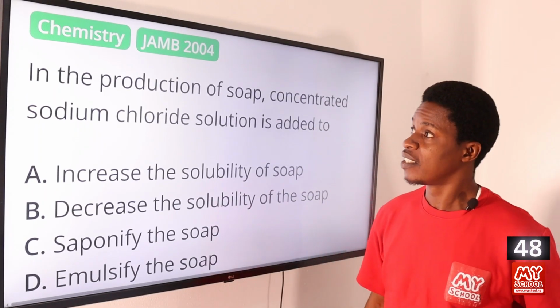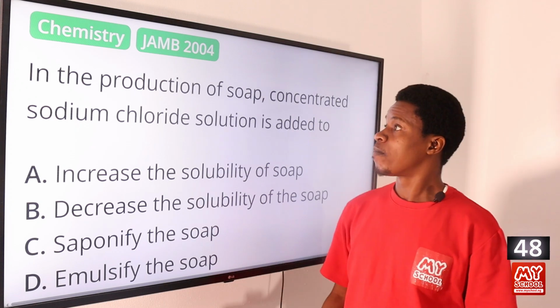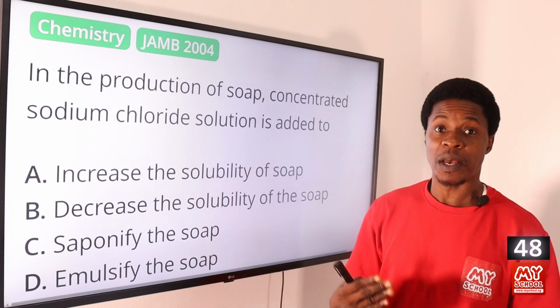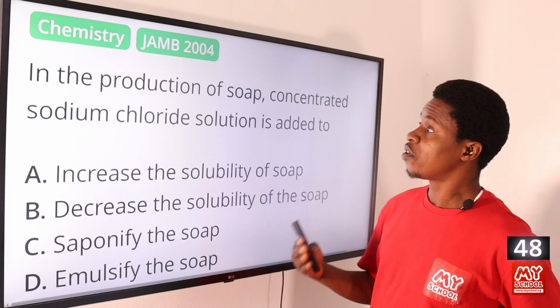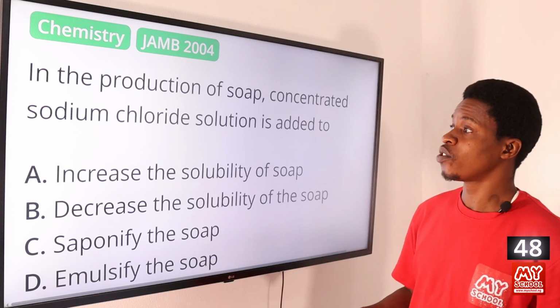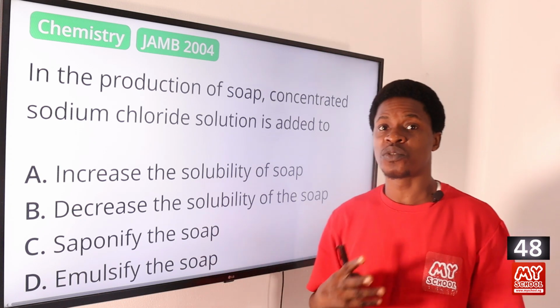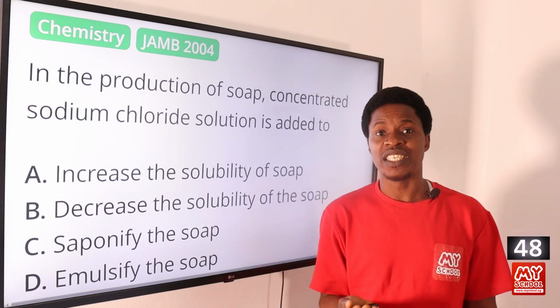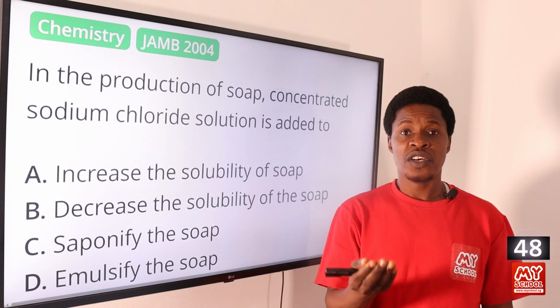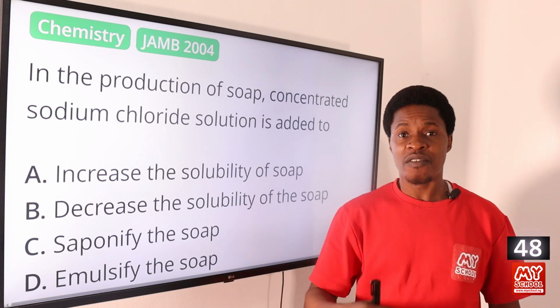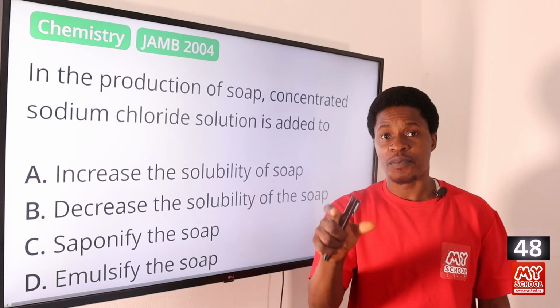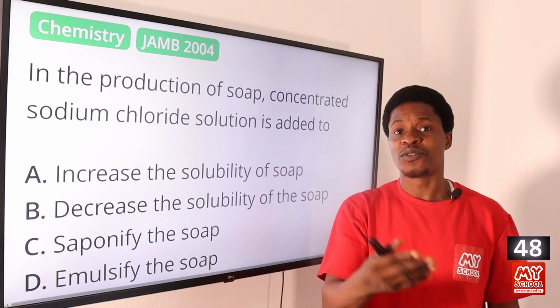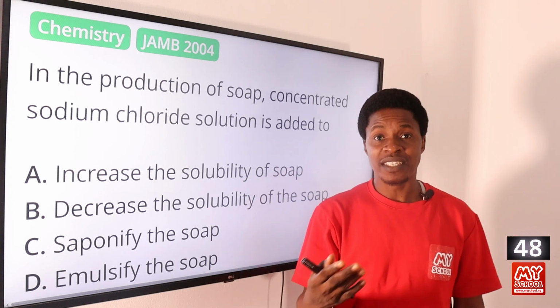Question 48. In the production of soap, through the process of saponification, concentrated sodium chloride solution is added to do what? Once the soap is produced, it's done, and then you pour it, of course, still in the molten form, into the mold of the shape of the soap you want, like the bar soap.